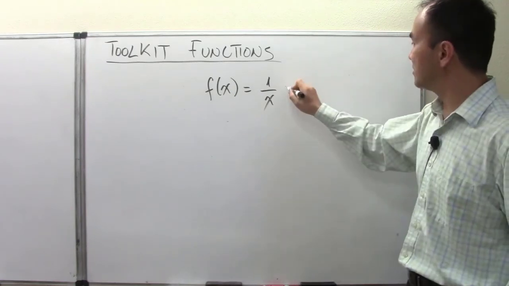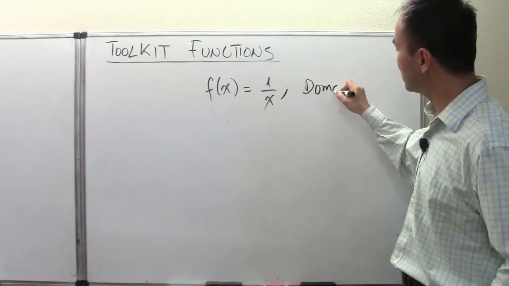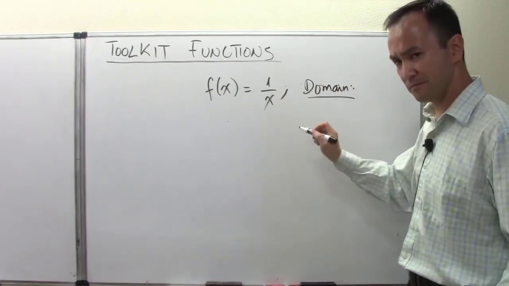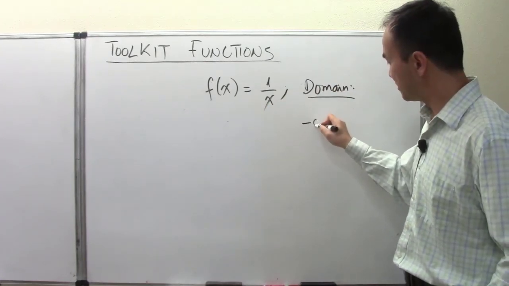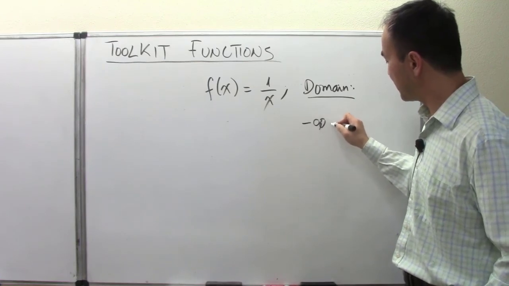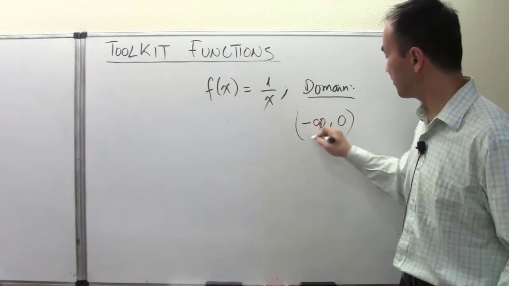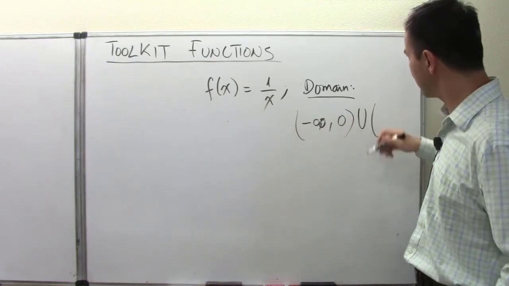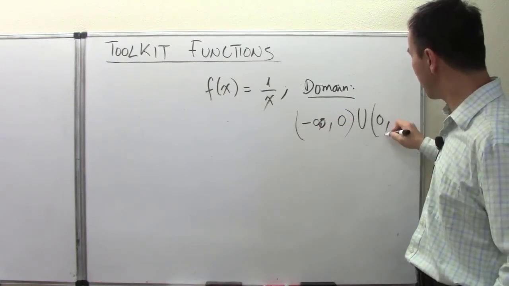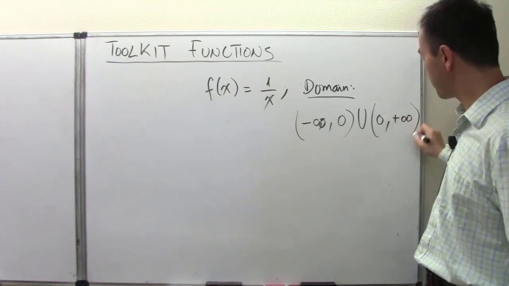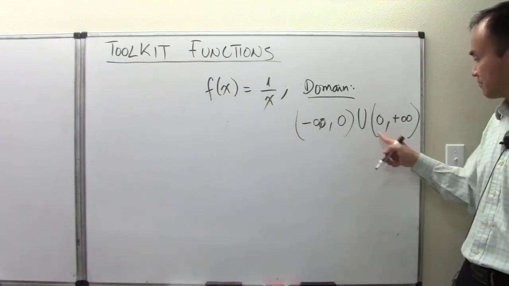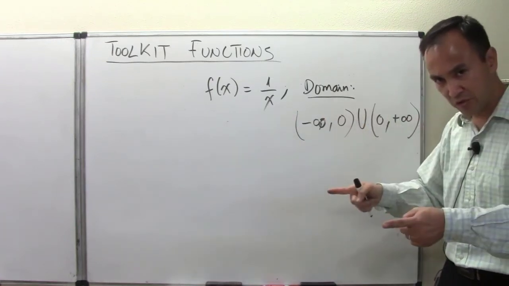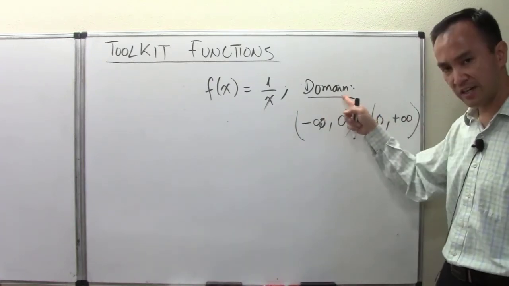We already knew from the earlier part of this lecture that the domain of this toolkit function is anywhere between negative infinity and 0, that's one zone right here, and then union with anywhere between 0 and positive infinity. That's another separate zone. So two zones unioned together make the entire domain of this function.